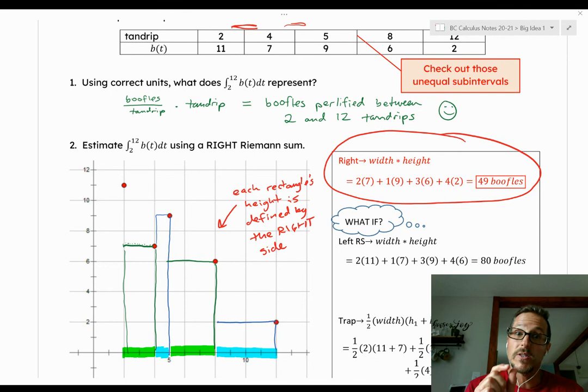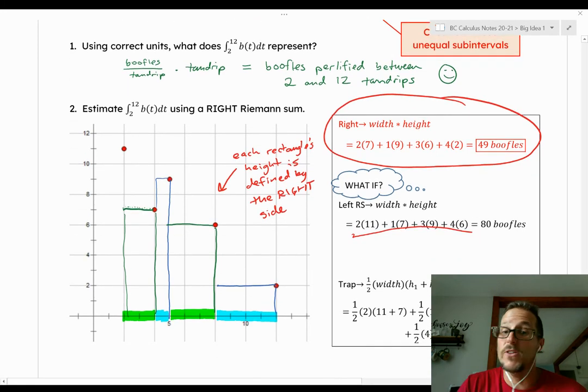So that first subinterval from 2 to 4, I want the height at 2 tandrips. So that's 2, the base, multiplied by the height 11, and then so on and so on. You can see that here I've used the left heights, which would be an estimate of 80 buffels.